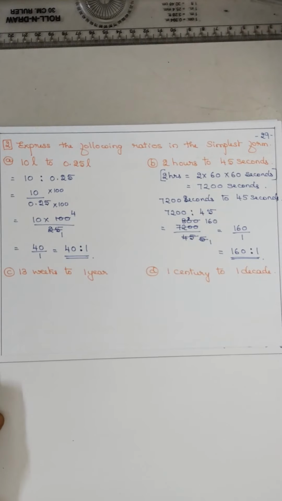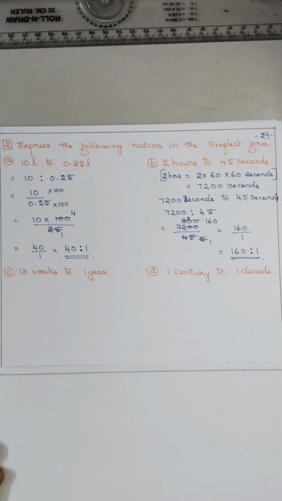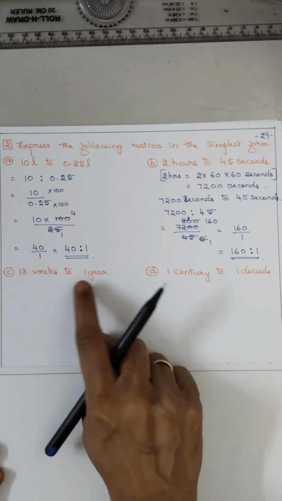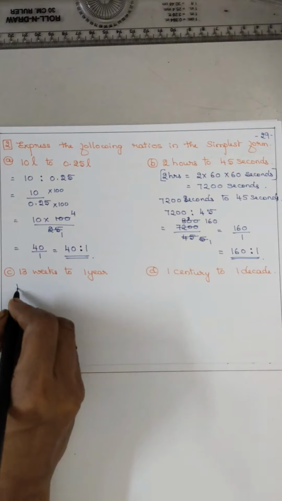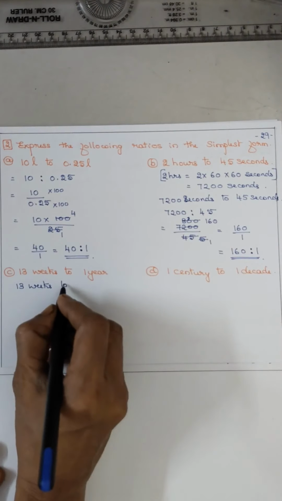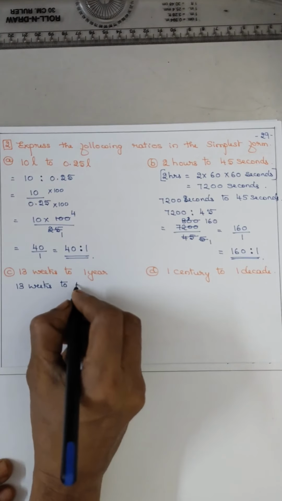Now coming to the question number C, 13 weeks and 1 year. Now weeks and year. Year is the bigger unit, convert into weeks. So 13 weeks to 1 year is equal to how many weeks? 52 weeks.